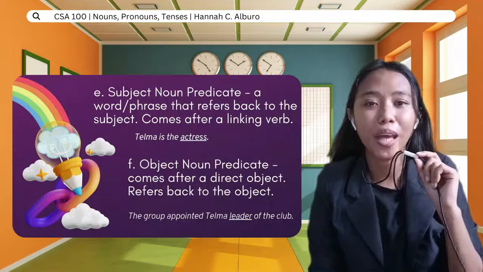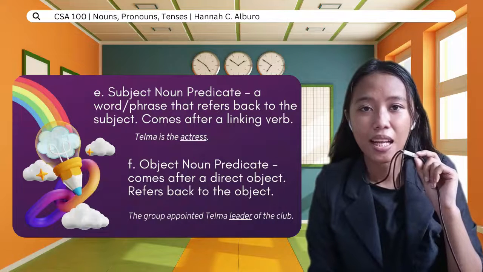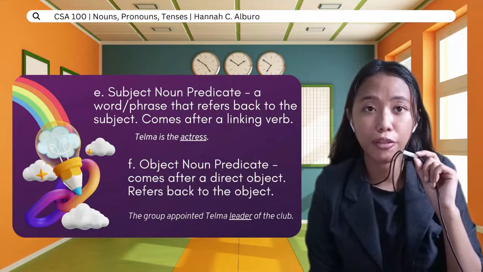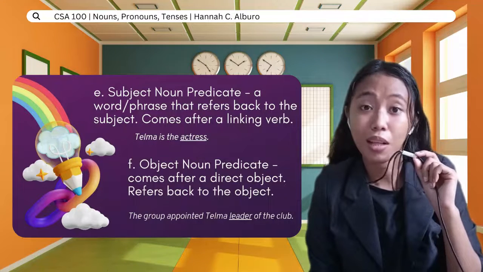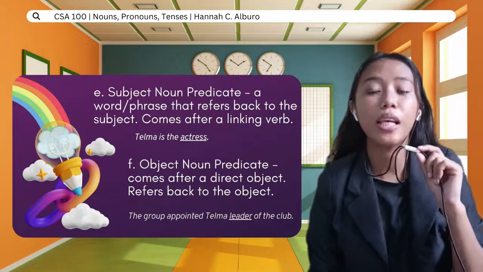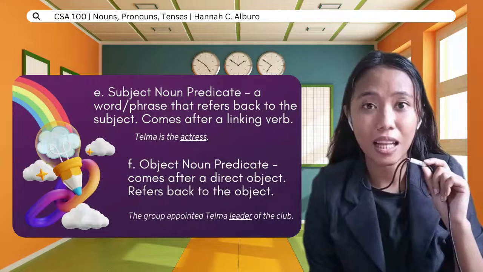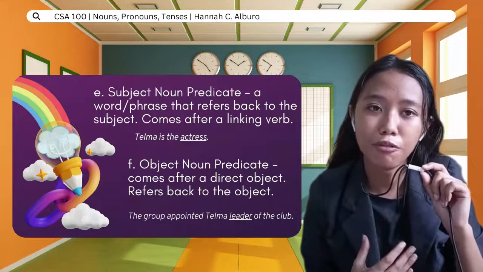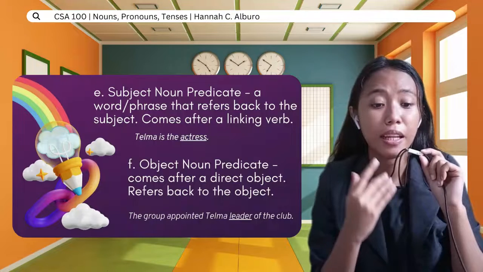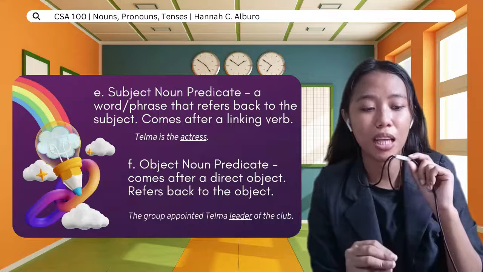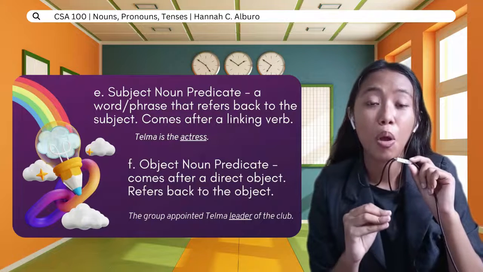Okay, moving on, we have the subject noun predicate. It is a word or phrase that refers back to the subject and comes after a linking verb. Take, for example, the sentence, Telma is the actress. In this sentence, we have Telma still as the noun that functions as the subject. And then the word actress is the one that functions as the subject noun predicate.